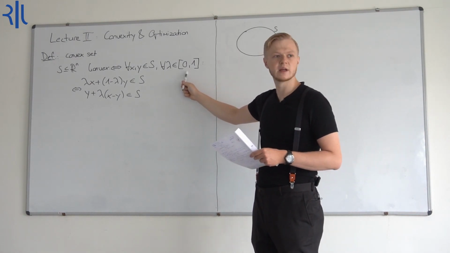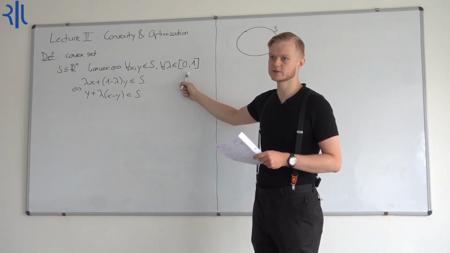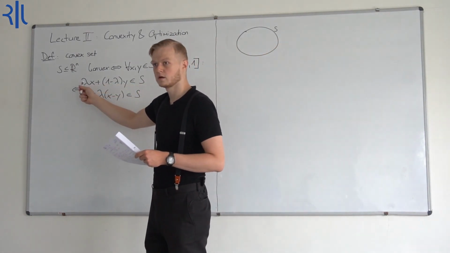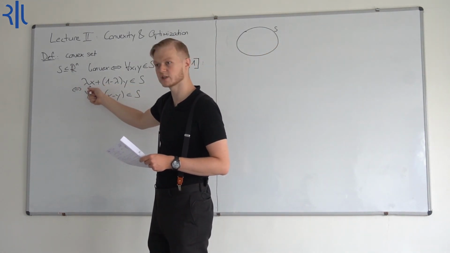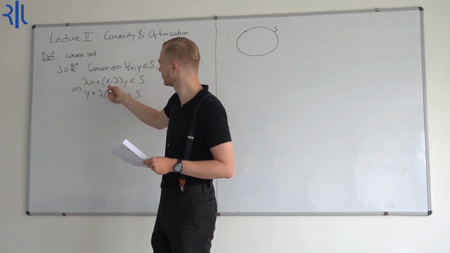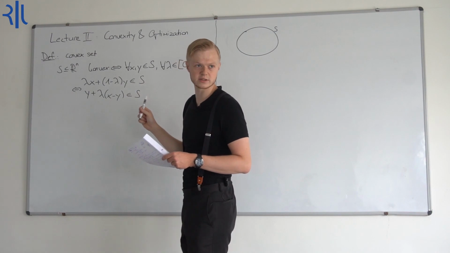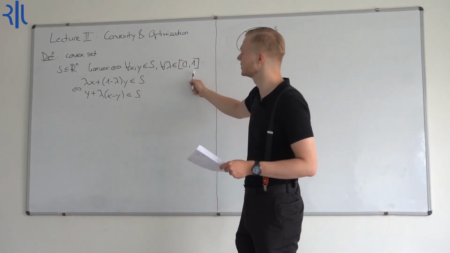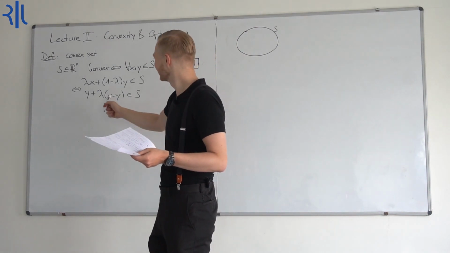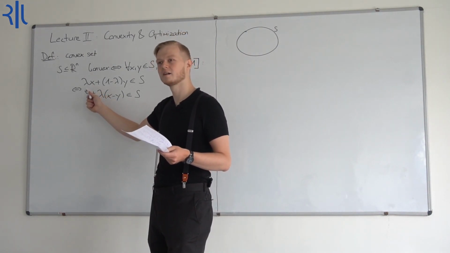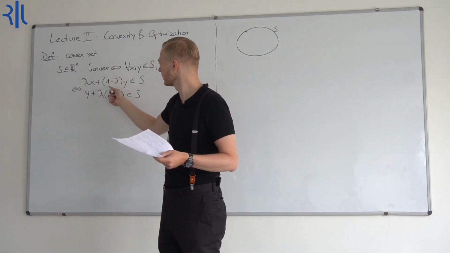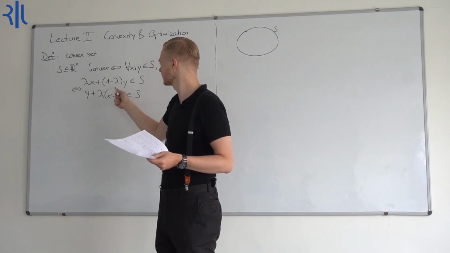What happens when we choose lambda equals 0? We will have 0 times x plus (1 minus 0), which is 1, times y, so we basically just get y. What happens if we choose 1? We get 1 times x plus (1 minus 1), which is 0, times y.